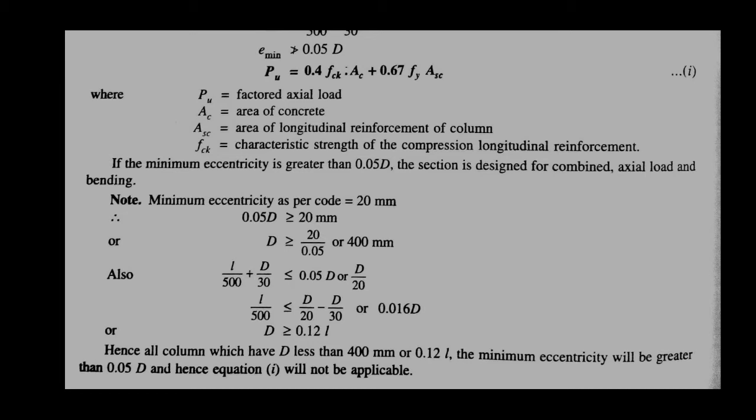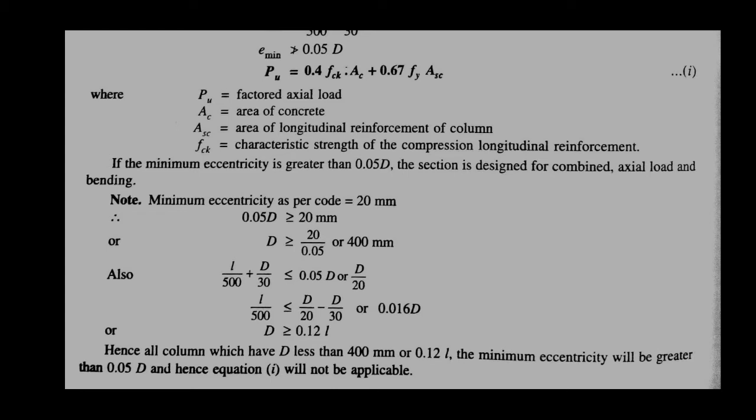So, L by 500 is less or equal to D by 20 minus D by 30, or we can write 0.016 D. So, D is greater or equal to 0.12 L, where L is length of column. Hence, for all columns which have D, the lateral dimension, less than 400 mm or 0.12 L, the minimum eccentricity will be greater than 0.05 D, and hence equation 1 will not be applicable in that case.